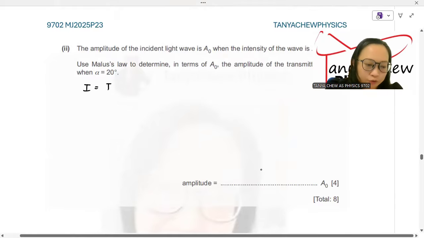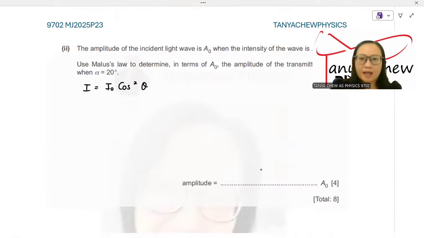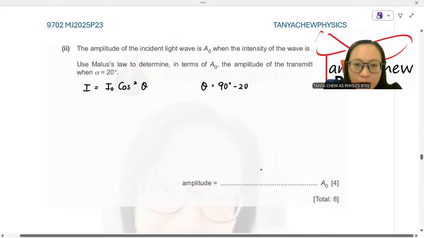I is equal to I naught cos square theta. Theta is always measured from the line of propagation, of the perpendicular line, right? Since alpha is 20 degrees, theta has to be 90 minus 20, so it is 70 degrees.